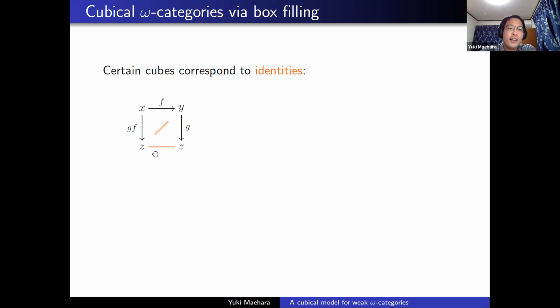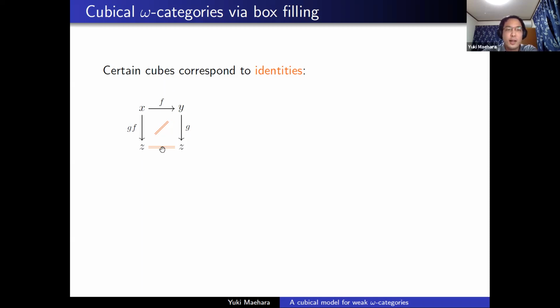If you see this globularly, this is just the identity 2-cell on gf. But if you really see this as a 2-cell in the cubical world, then this is not the identity, in either the horizontal or vertical direction. It doesn't even have the same domain and codomain.